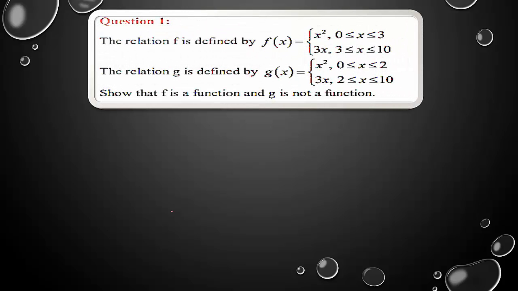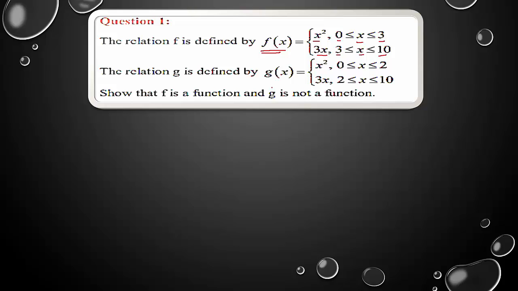The first problem is: the relation f is defined by f of x equals x square whenever x is in between 0 and 3, and 3x whenever x is in between 3 and 10.